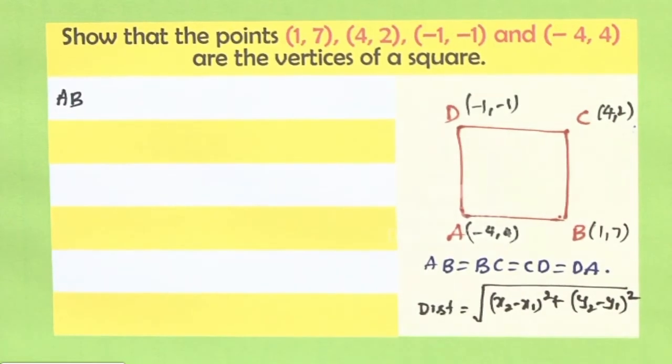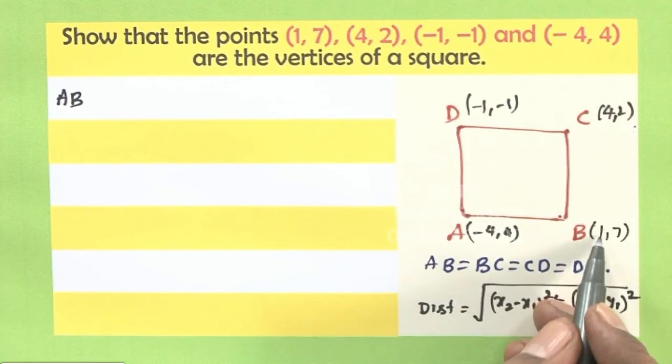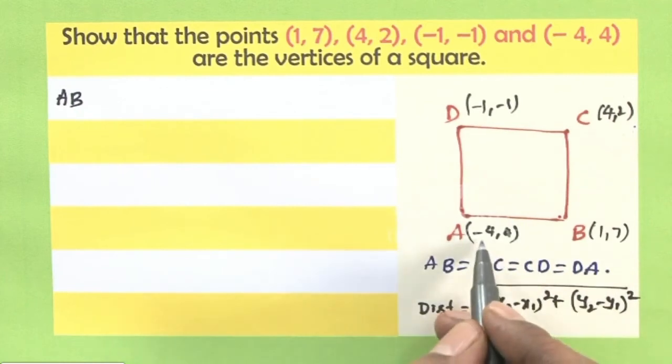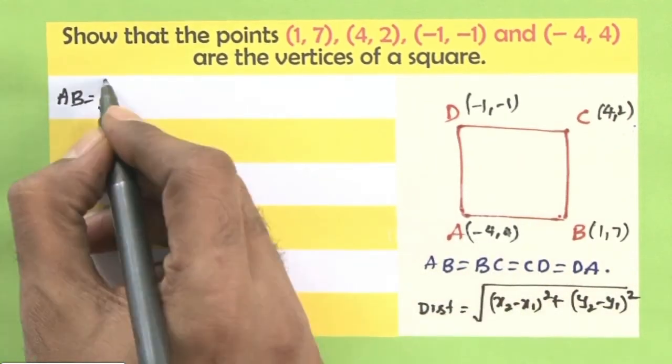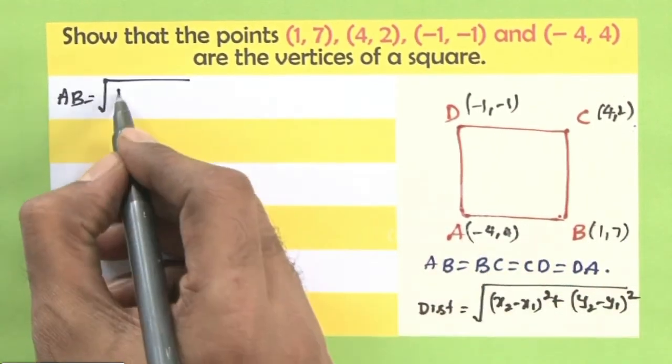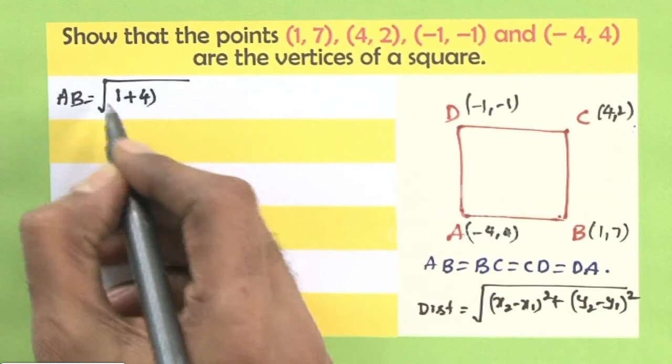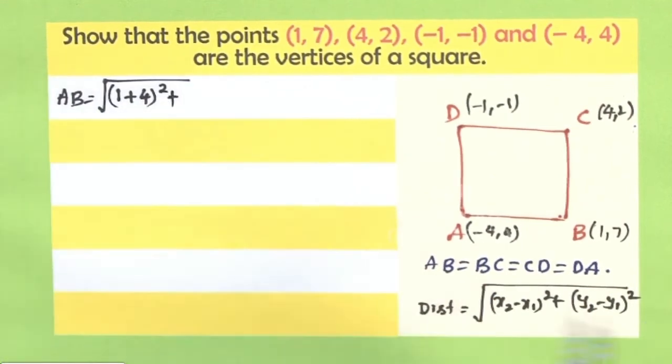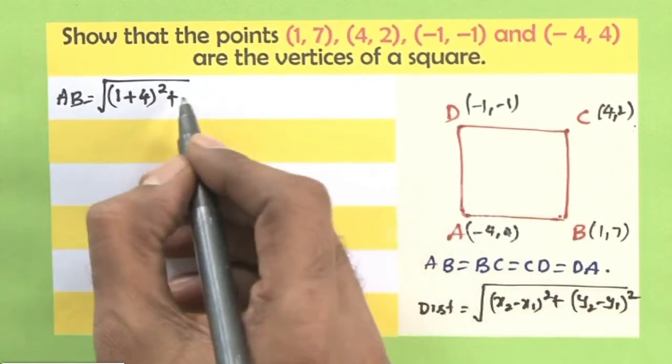So what is AB, dear students? AB is given by, can I directly write it, 1 minus of minus 4, that is 1 plus 4 whole square plus 7 minus 4 whole square.